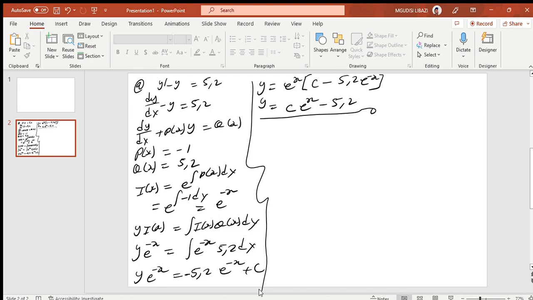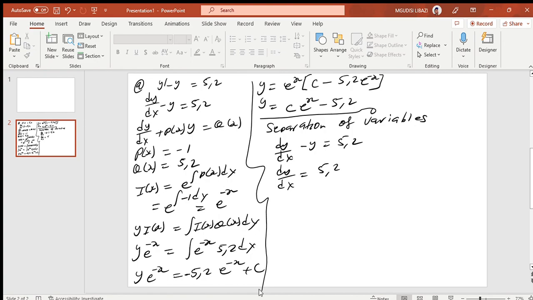So that's our answer. Now we can also view this as a separation of variables. So we say dy over dx minus y is equal to 5.2, so dy over dx is equal to 5.2 plus y.